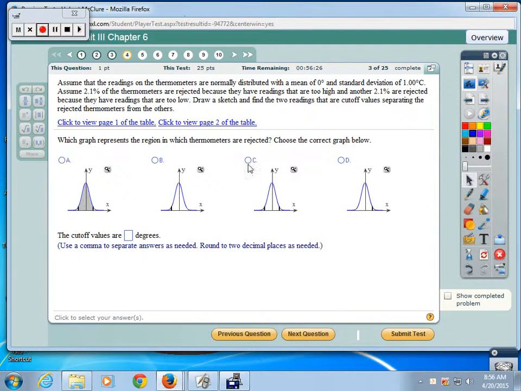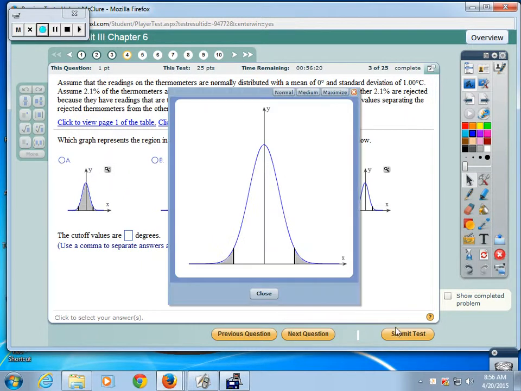So which picture is it? Negative 2.1 down here and 2.1 right here. Greater than 2.1, less than negative 2.1.